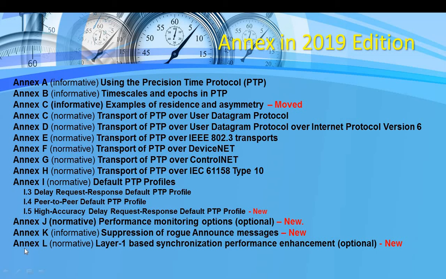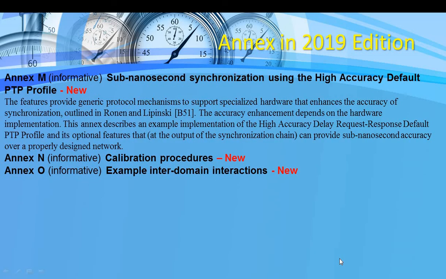That's new as well. The Annex K suppression of BLOCK announce message. That part is new. And Annex L layer 1 based synchronization performance enhancement. That part is new as well. In the 2019 version, the Annex M sub-nanosecond synchronization using high accuracy default PTP profile.